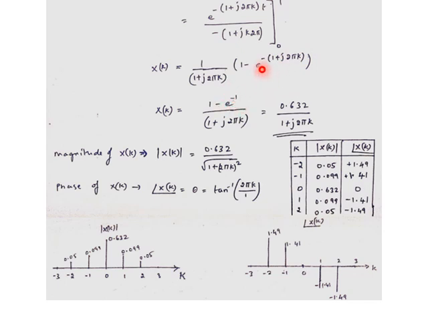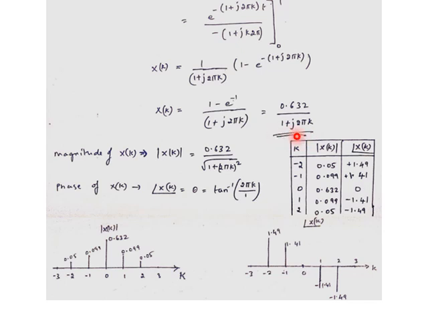If I take it in terms of cos and sin, cos 2 pi k or sin 2 pi k, for whatever k multiples I take, e to the power minus j 2 pi k will be 1. So 1 minus e to the power minus 1 will be 0.632 after simplification. The denominator is common, it is not going to change: 1 plus j 2 pi k. So x of k, that is the Fourier series, after simplification I will get this value.